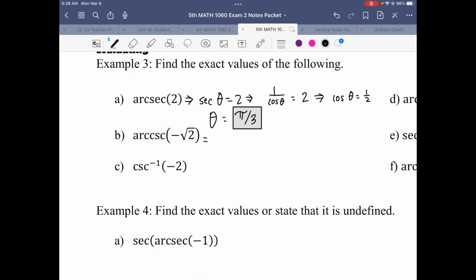Same thing here. This is asking you what is theta when the cosecant of theta equals the negative square root of 2? Well, then that would imply that 1 over the sine of theta equals negative square root of 2, which would imply that the sine of theta would equal negative 1 over the square root of 2.